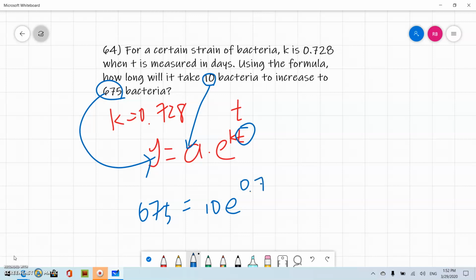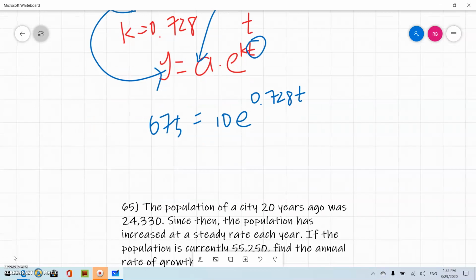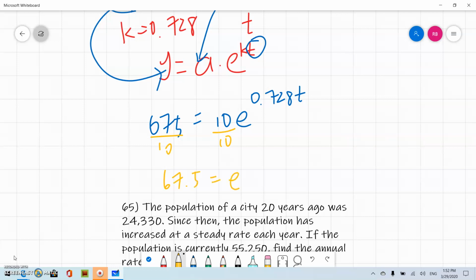E is a number, so once you simplify a little bit by dividing both sides by 10, you can rewrite this in terms of log form, just like I did with the other problem. So ln, it's log base e, 67.5 is equal to 0.728t.